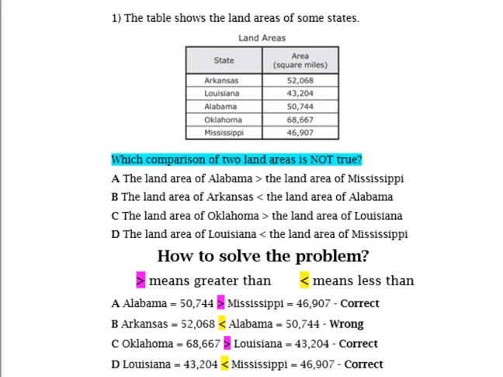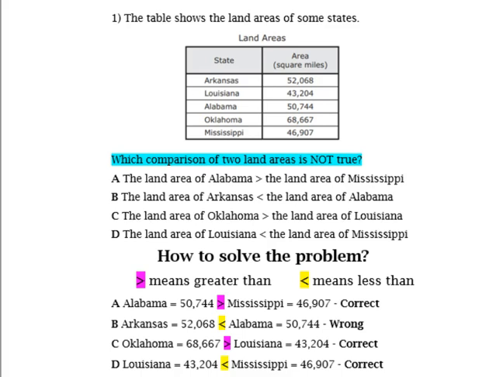C, Oklahoma, 68,667 is greater than Louisiana, 43,204. Well, that is correct because 68,667 is greater than 43,204.